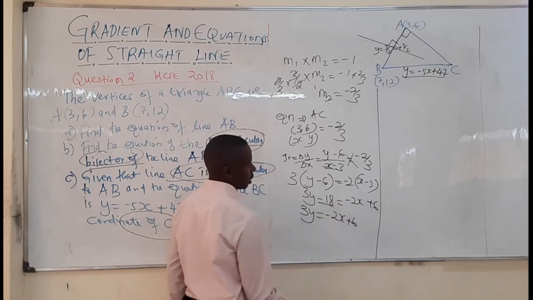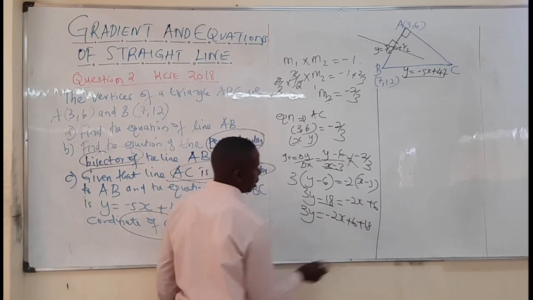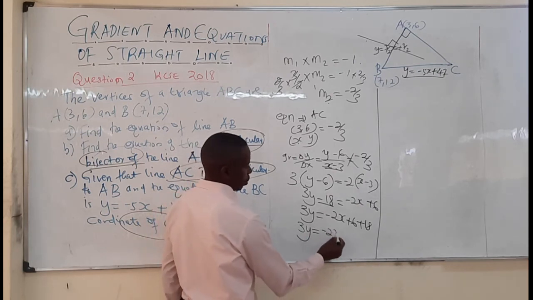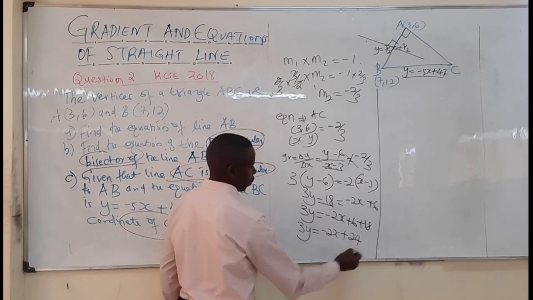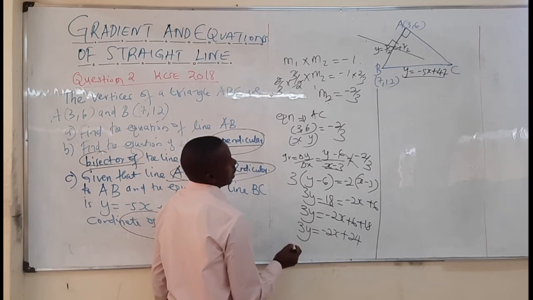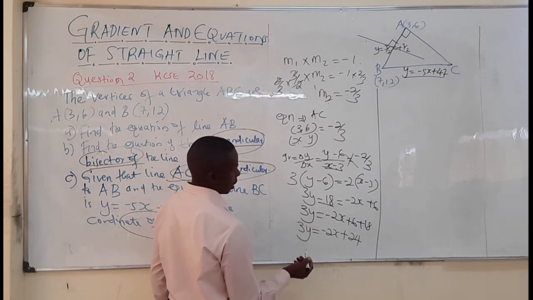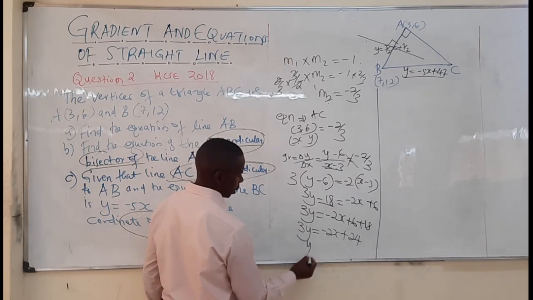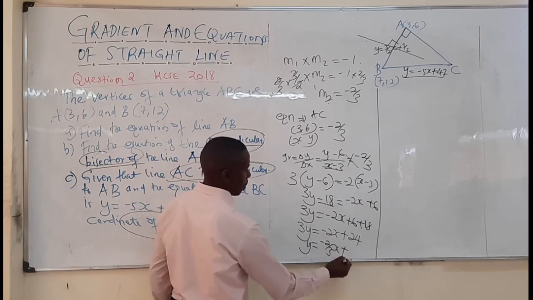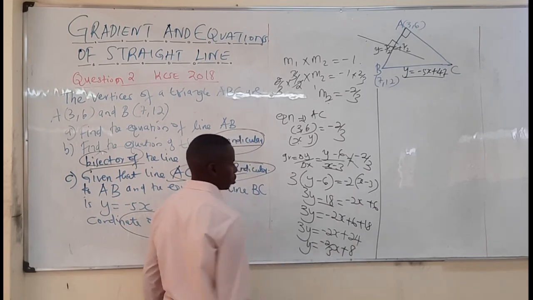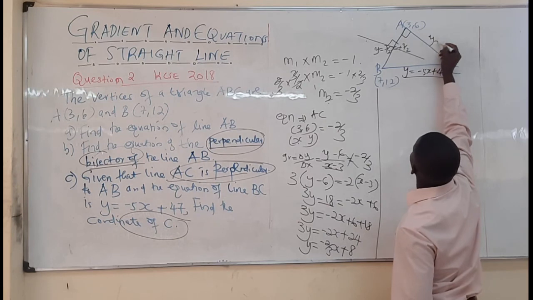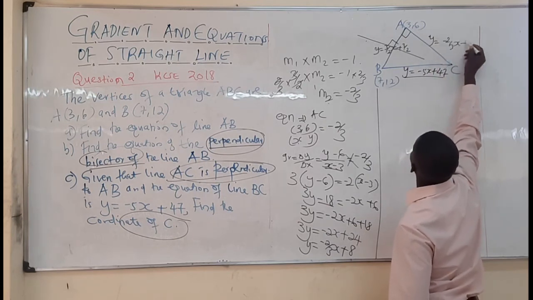This minus 18 goes to the other side as plus 18, and then you have 3y is equal to minus 2x plus 24. So that is the equation of the line AC. You can put it in the form y equals mx plus c. So you divide by 3, you get y is equal to minus 2 over 3x plus 24 divided by 3, which is 8. So this is y equals minus 2 over 3x plus 8.